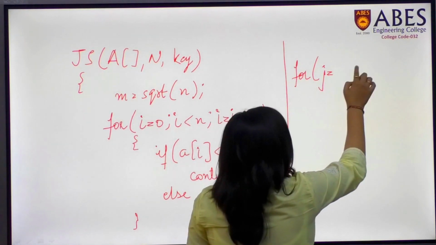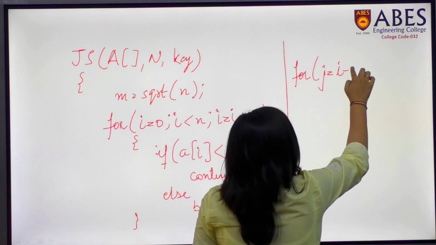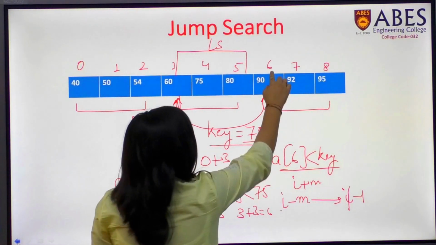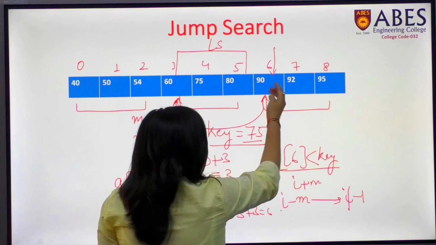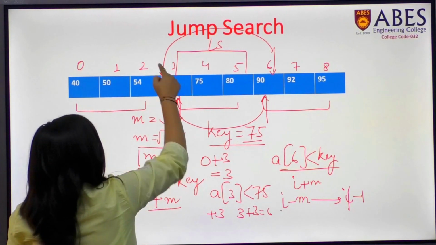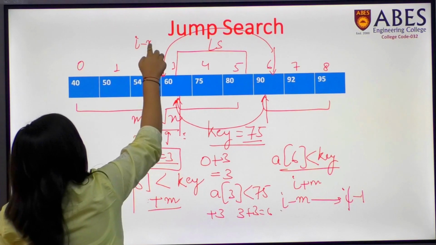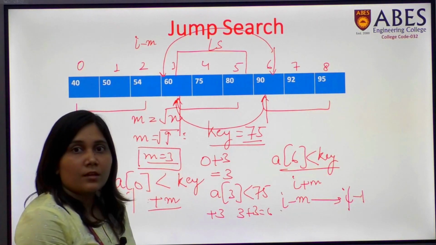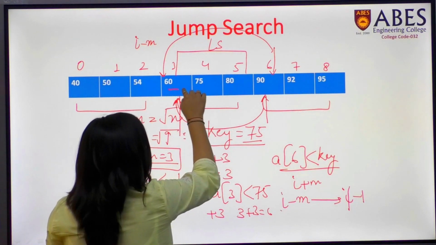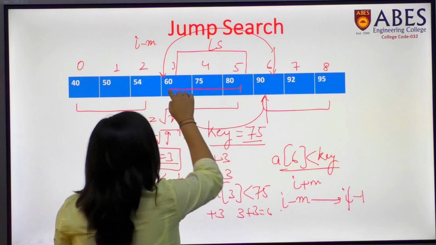So j is equal to, I am starting with i minus m. You know why I am doing this? Because my position was this much and this condition was false, so I have to return my control back to this position. And how am I going to come to this position? i minus m. And I have to run this loop from here to i minus 1.